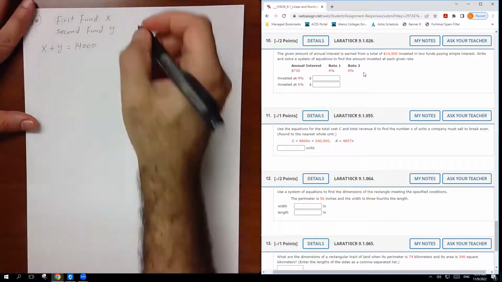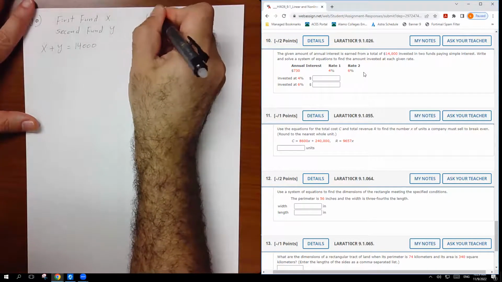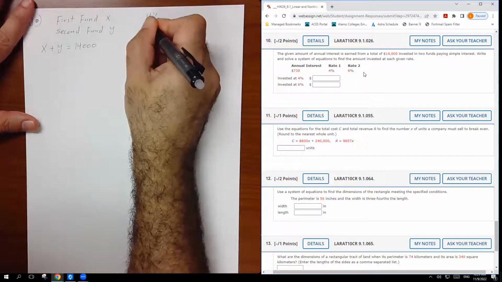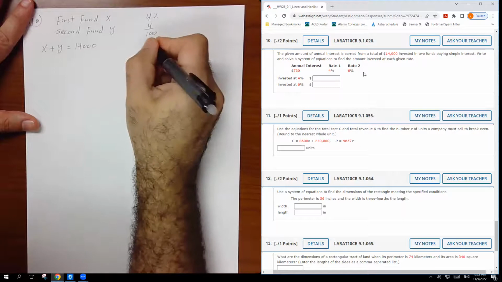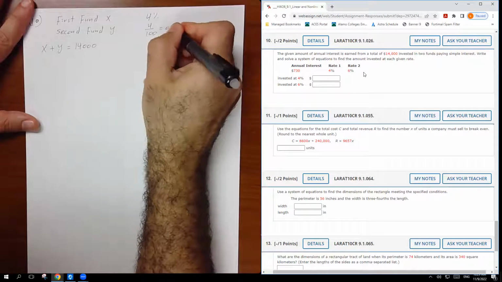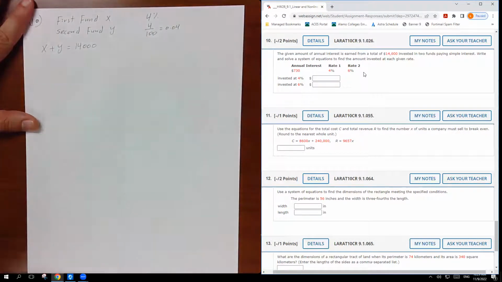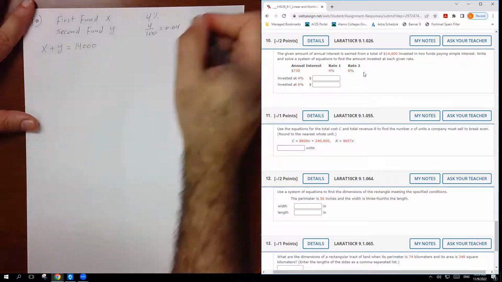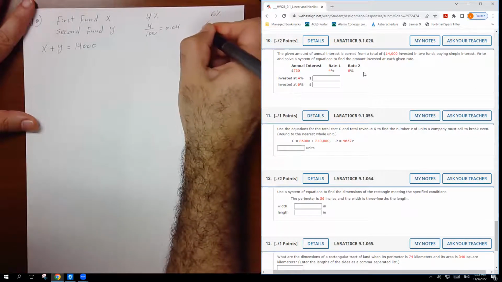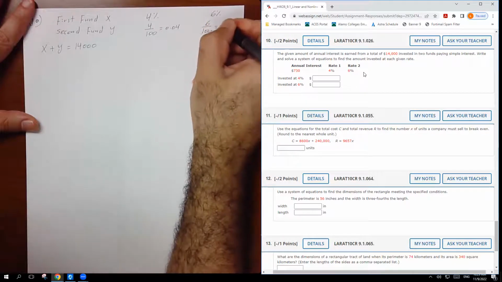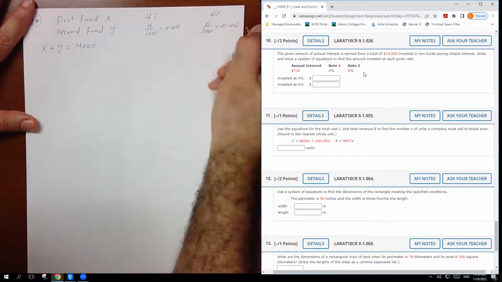Our first interest is 4%. That means it's going to be 4 divided by 100, so it's going to be equal 0.04. And the second one is 6%. So it's going to be 6 divided by 100, so it's going to be 0.06.